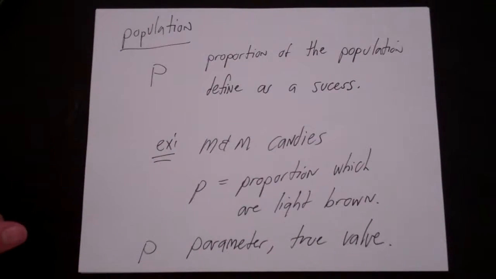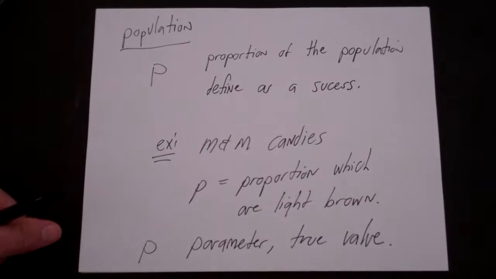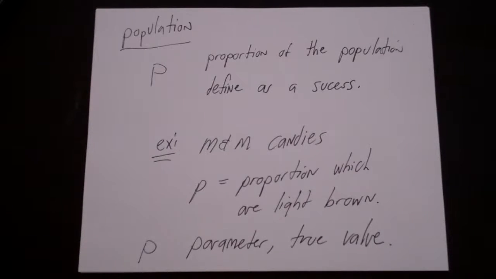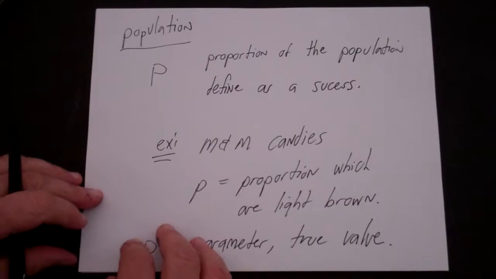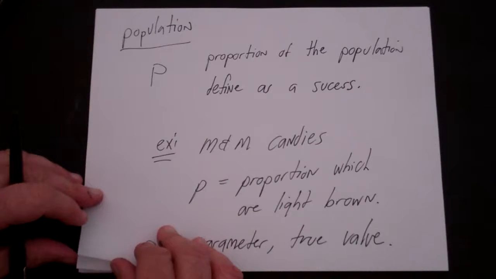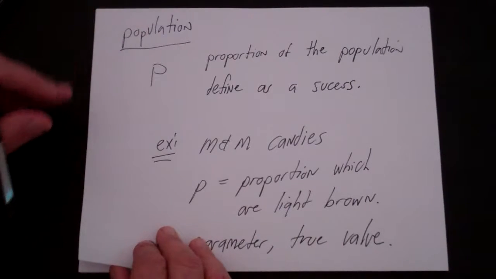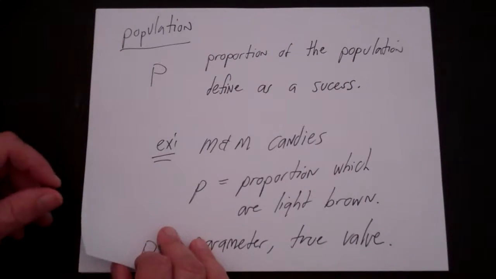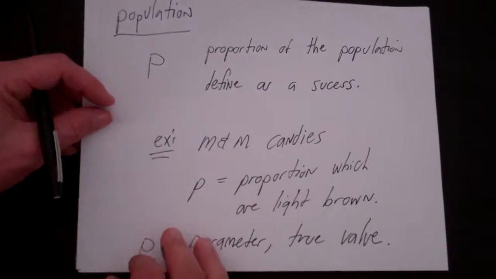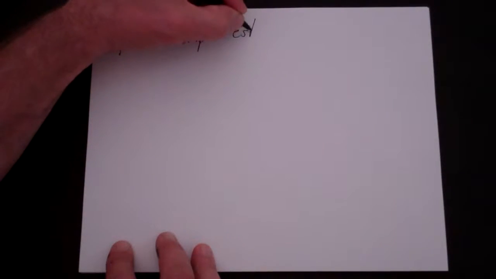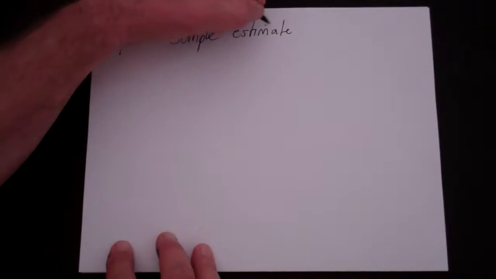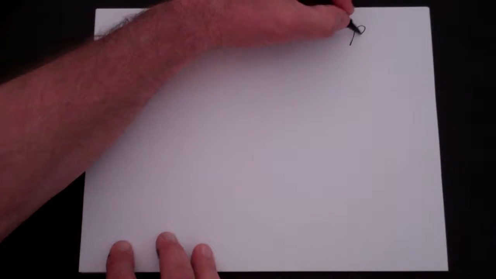P could be the number of Americans with a criminal record, or the number of high school age students who get a high school degree, or take statistics in high school. Now let's define p-hat to be a sample estimate of p.